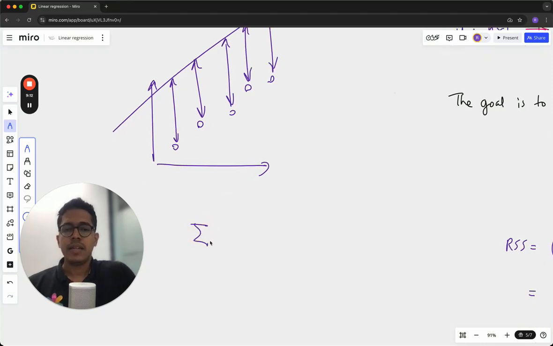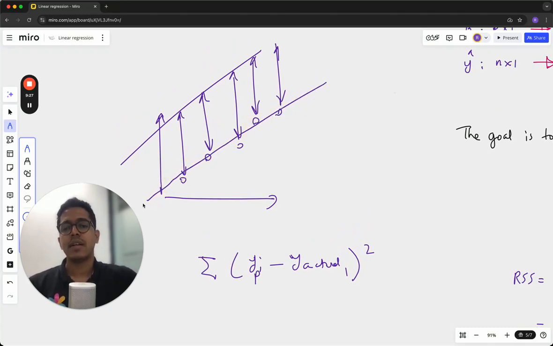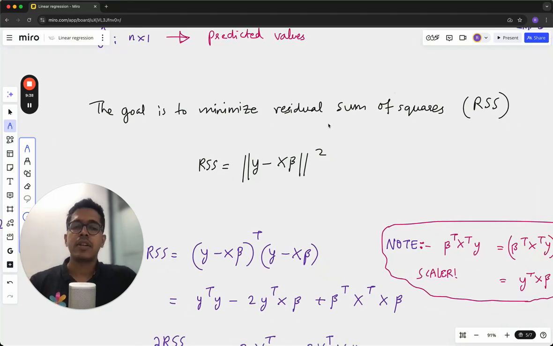So it is basically sigma of yi minus y predicted i, squared. That is residual sum of squares. And this will be minimum if the line is passing somewhat like this. If the line is on average closest to all these points, then this sum of residual squares will be the minimum. So our goal is to minimize the sum of residual squares.